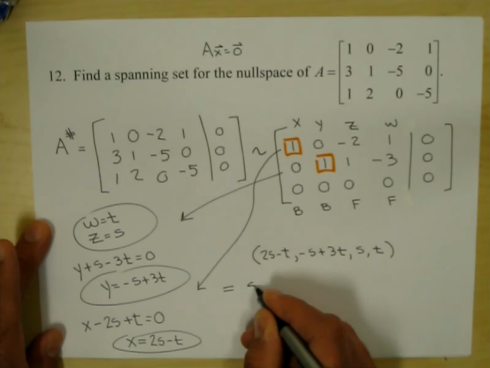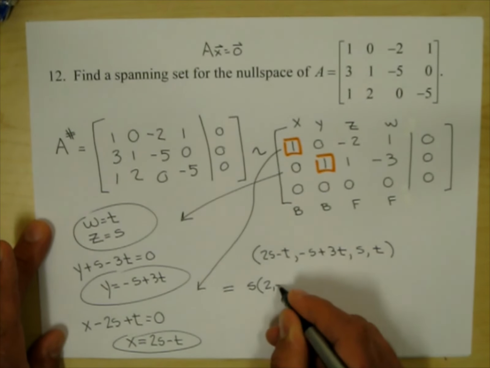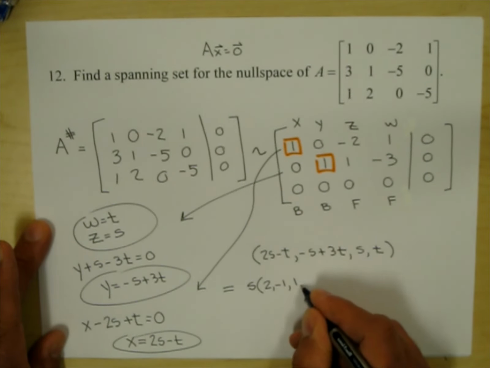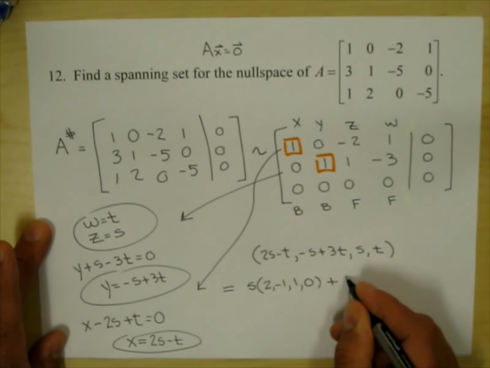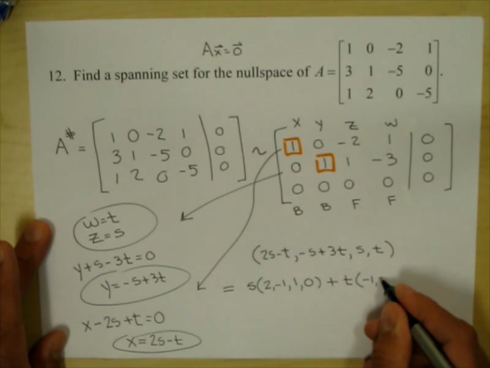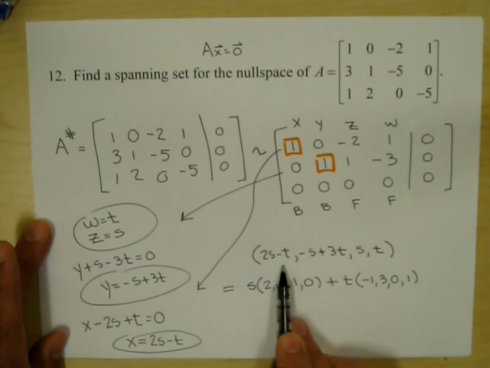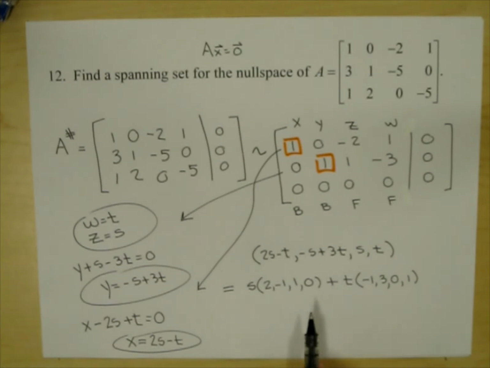So this is s times 2, comma, negative 1, so the negative 1 comes from there, comma, 1, comma, no s in the last coordinate, 0. Plus t, now I'm going to pick up the t coefficients. Negative 1, 3, no t there, 0, and then 1. So this looks like a linear combination of 2 seeds.